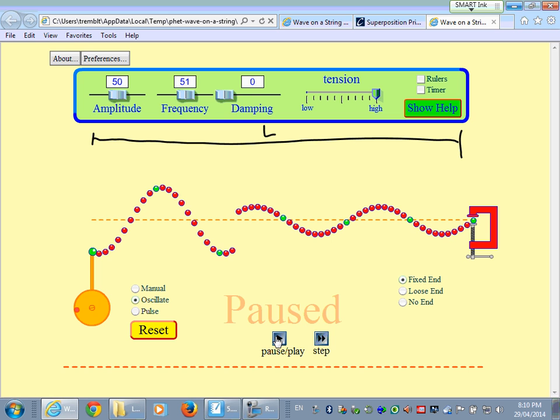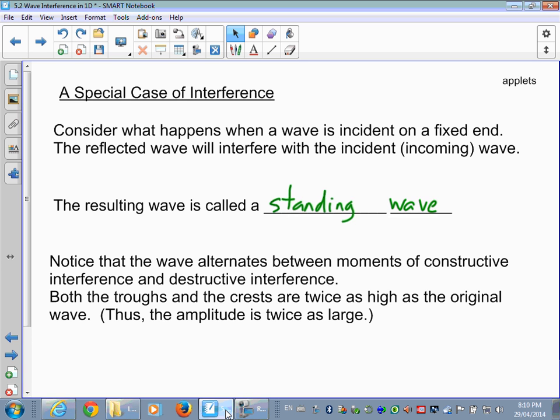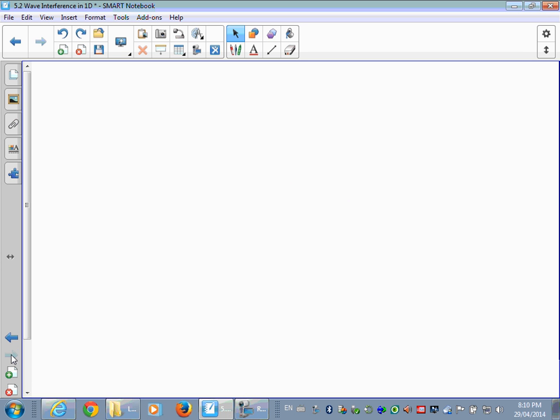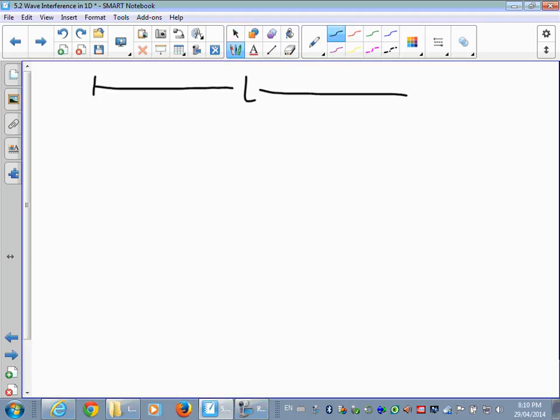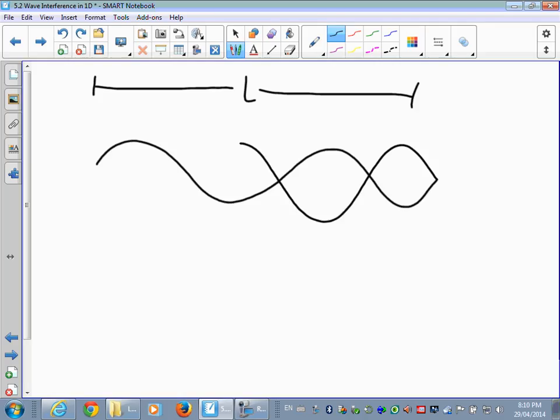Let's pause this. Go back to here. So let's consider a string of length L. Notice in that case that the wave alternated between looking like that and looking like this.